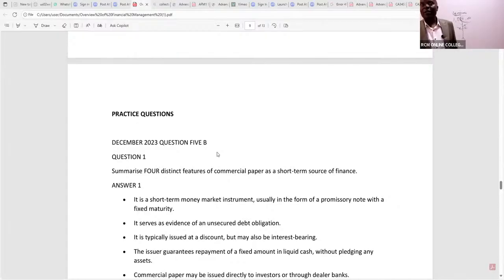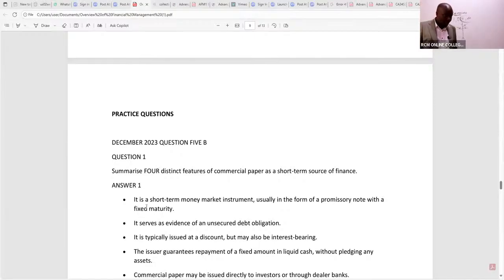So they wanted us to give 4 distinct characteristics of commercial paper as a way of raising finance. Of course, it is a short-term money market instrument. It's short-term, less than a year. Usually in the form of a promissory note with a fixed maturity.